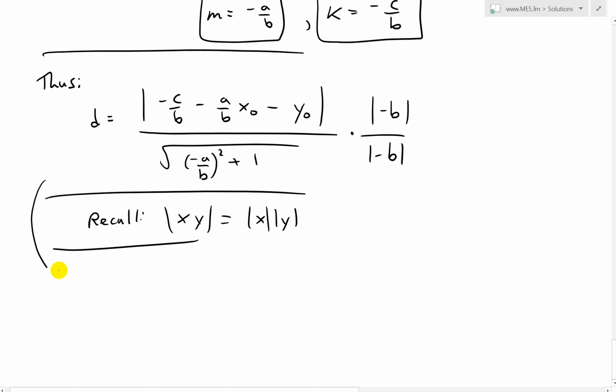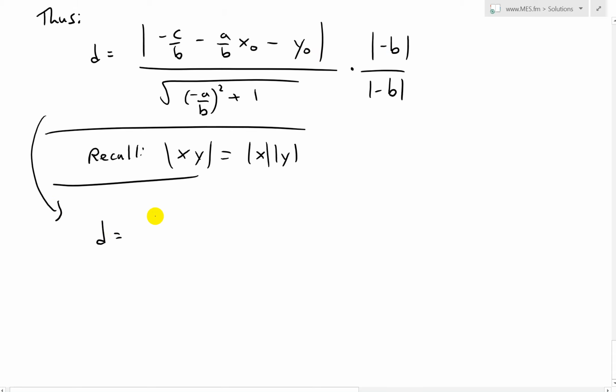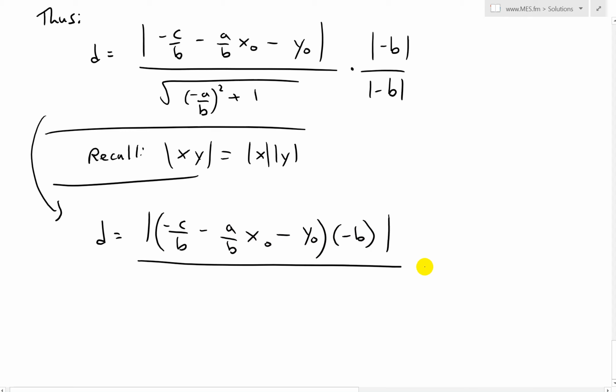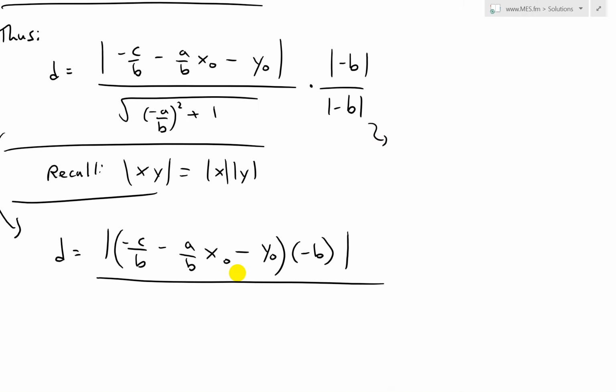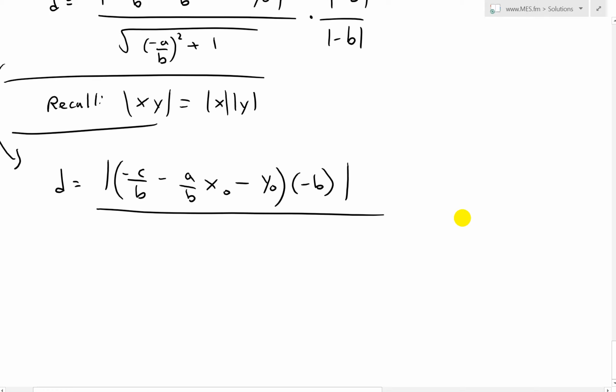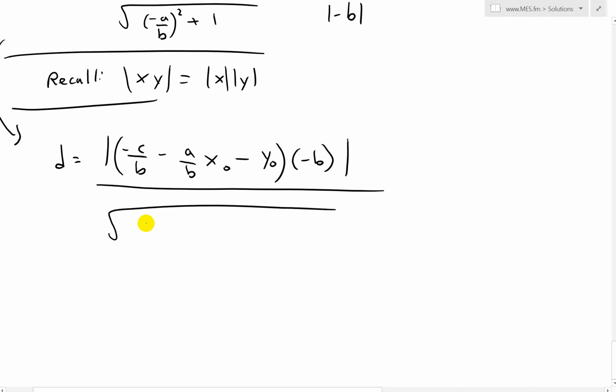So then we have d is equal to, on the top, negative c over, we put a bracket like this, a b x0 minus y0, then negative b like this, all with absolute value around it. And same over here, this is the same thing as writing a square root, like this, negative a squared over b, that's just going to be a squared over b squared plus 1.